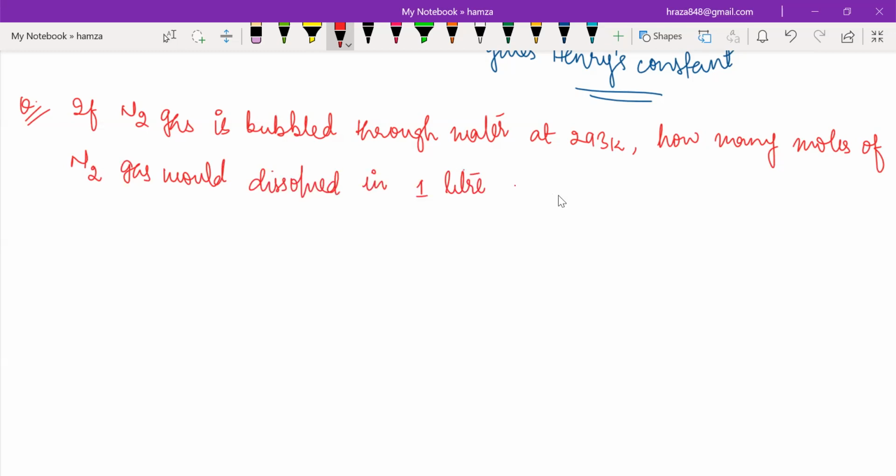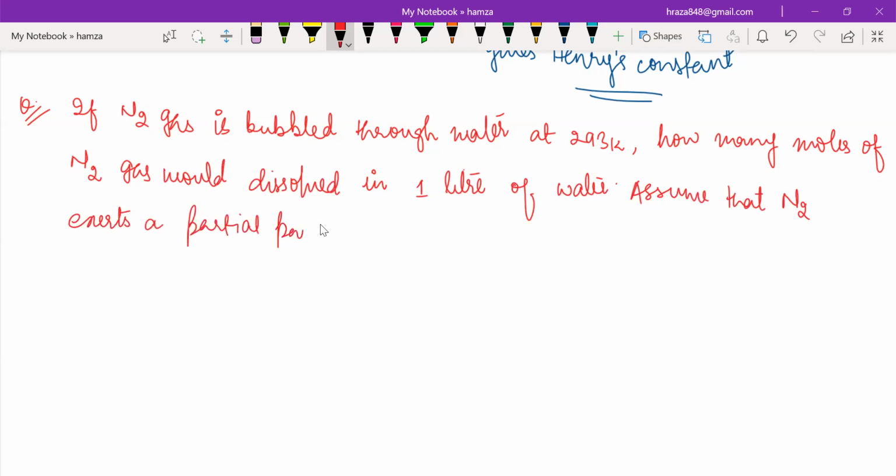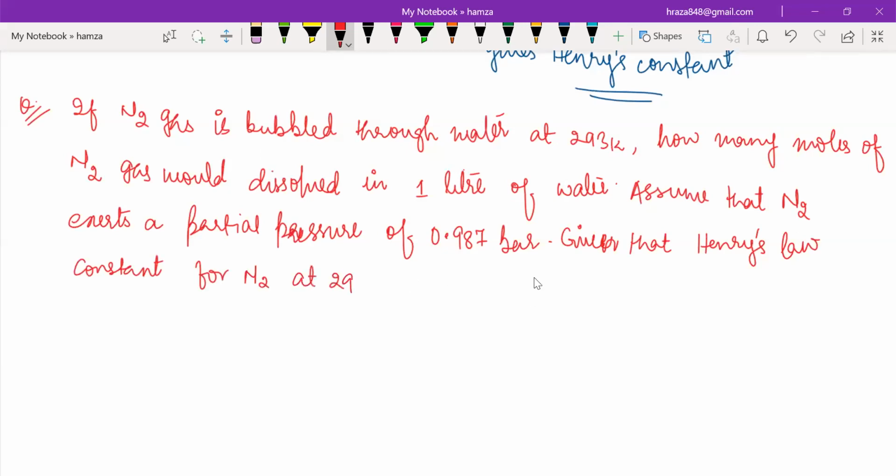Assume N2 exerts a partial pressure of 0.987 bar, given that Henry's law constant for N2 at 293 Kelvin is 76.48 kilobar.